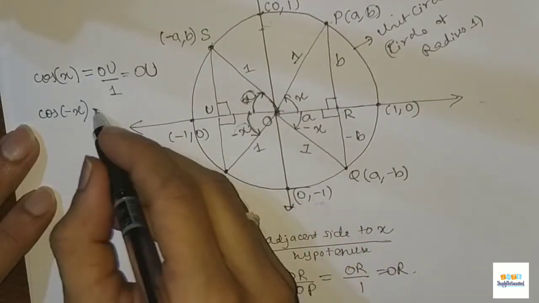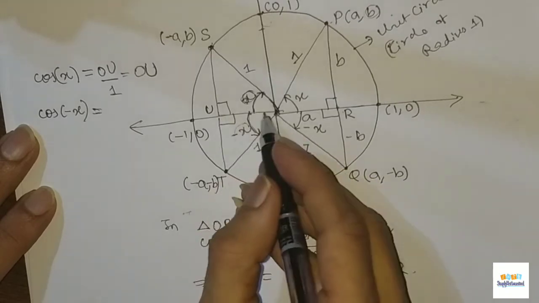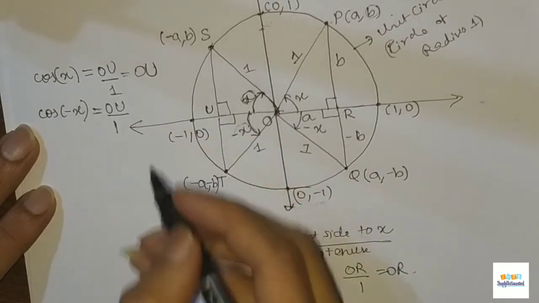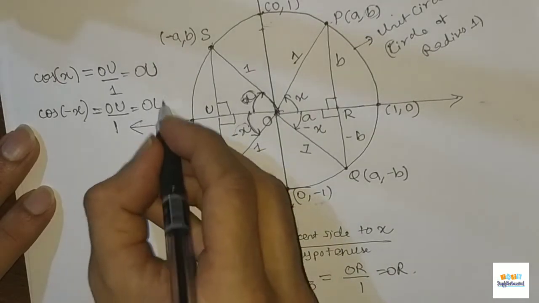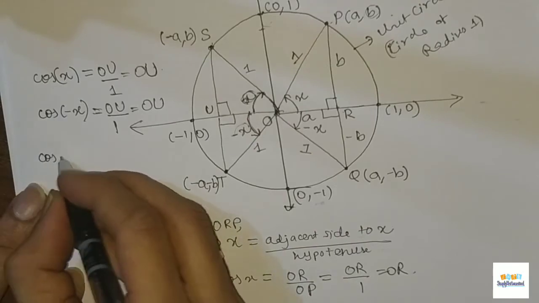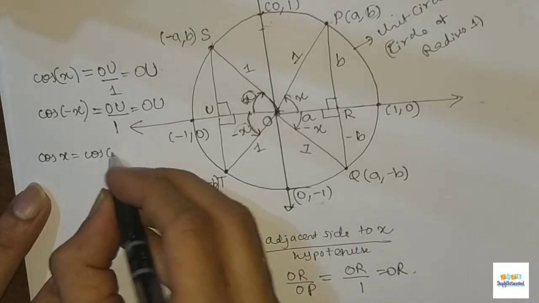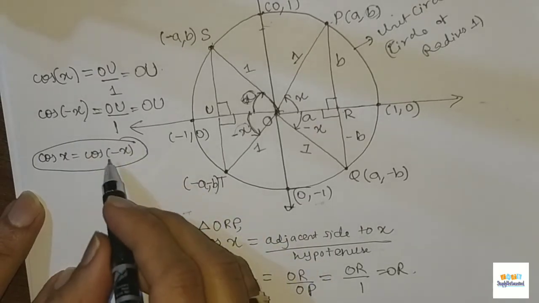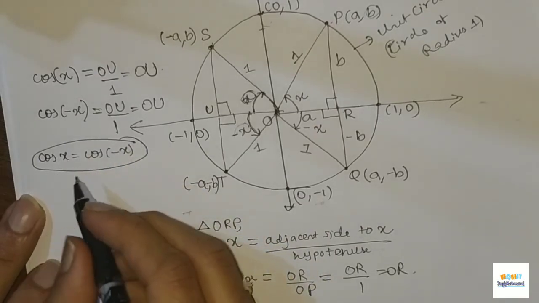Cos of minus x will be again adjacent, which is again OU divided by the hypotenuse, which is 1, so which is equal to OU. So what you get again is cos x is equal to cos of minus x, or the other way around, cos of minus x is equal to cos x.